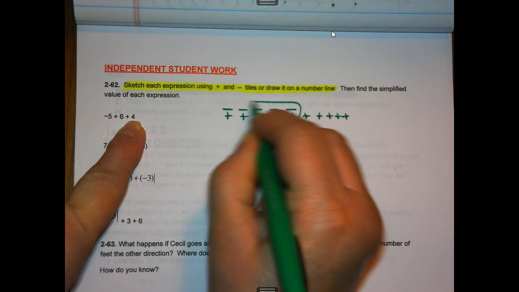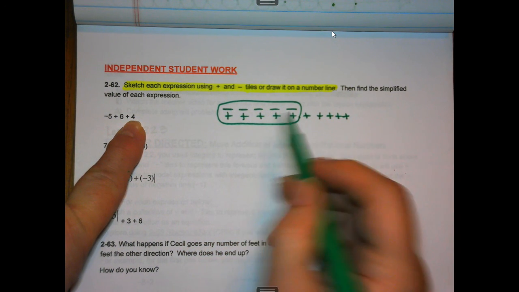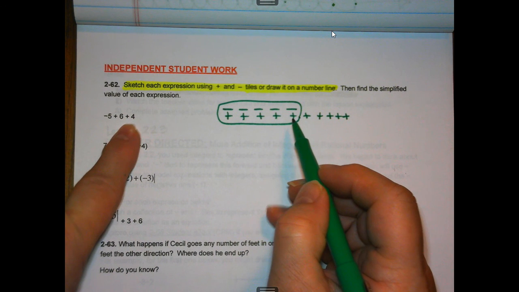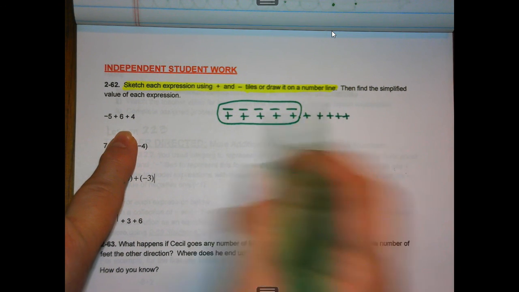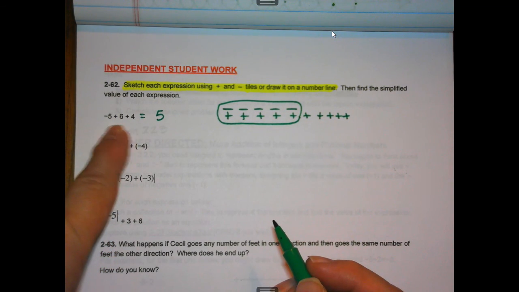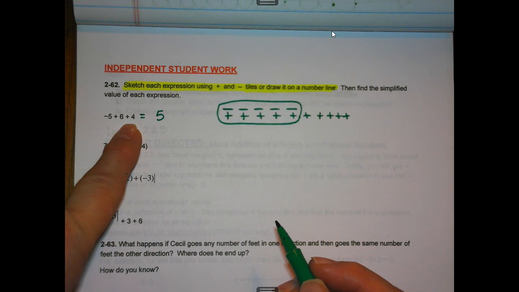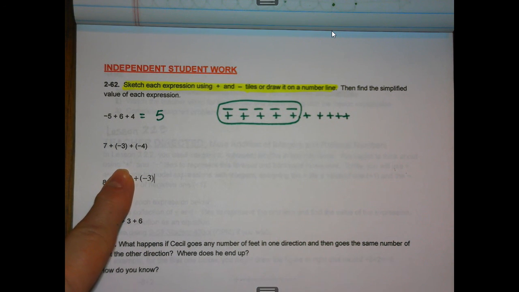And just like I showed you in the lesson video, these zero each other out, and we end up with 1, 2, 3, 4, 5. So -5 plus 6 plus 4 equals +5. We do not have to write the positive symbol. We just assume if there's no symbol in front of a number that it is positive.